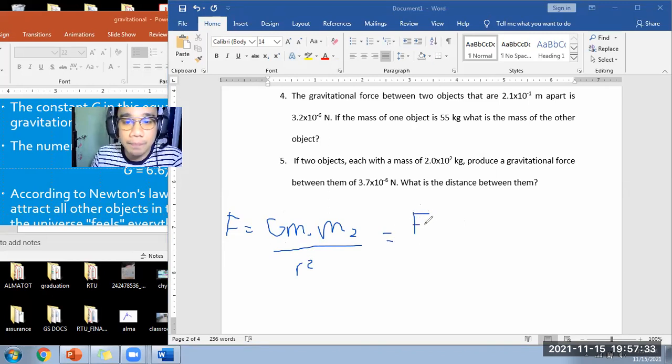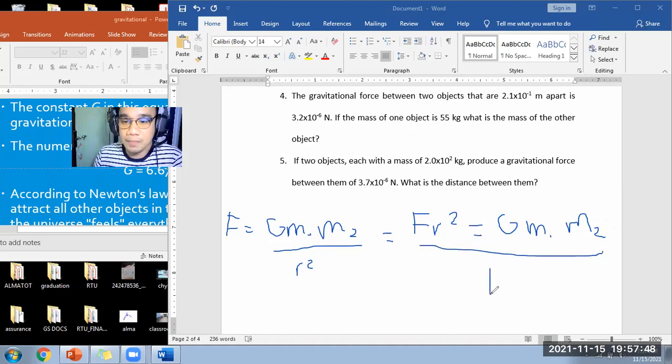So cross multiplication lang natin. Kukunin natin yung F times r squared equal to G mass 1 and mass 2. Kailangan natin is r squared, so divide both sides by F. Makakancel si F, so may matitira si r.